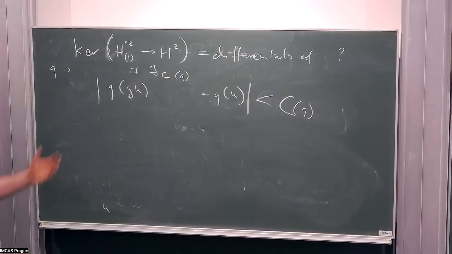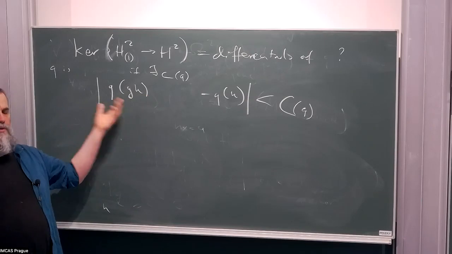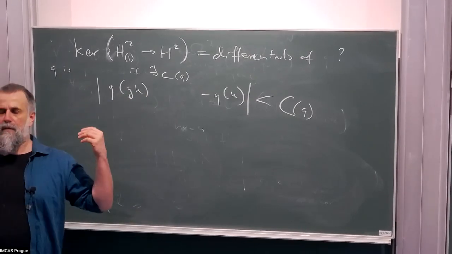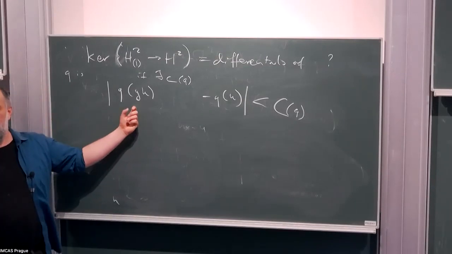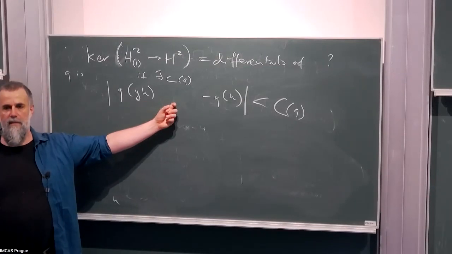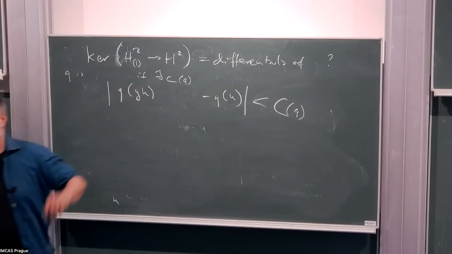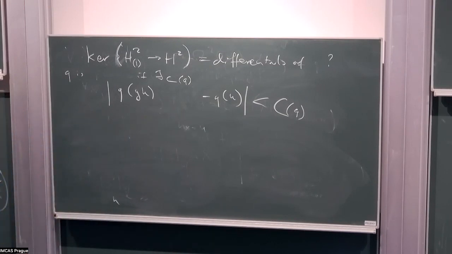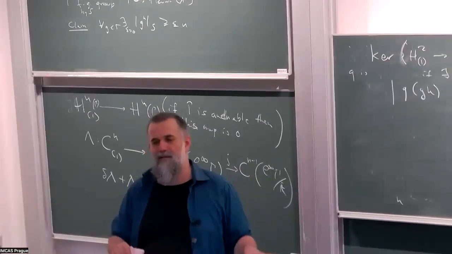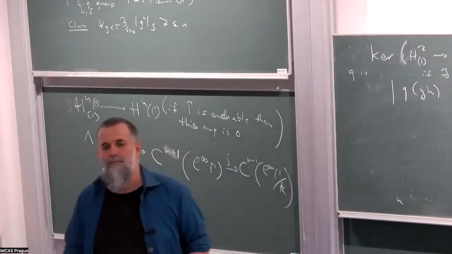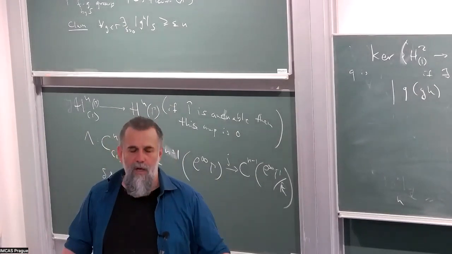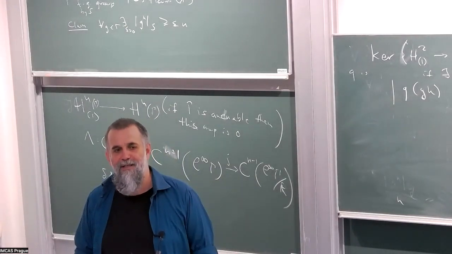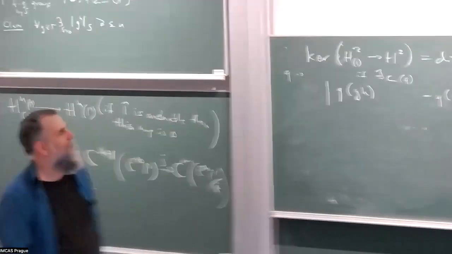Those are the functions which, translated from the left, are at bounded distance. What are those functions? A function on a group which, if you translate it from the left, is at bounded distance from itself. We call these functions abstractly Lipschitz. Why?